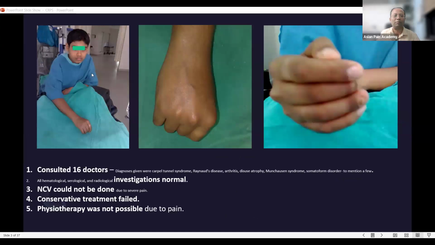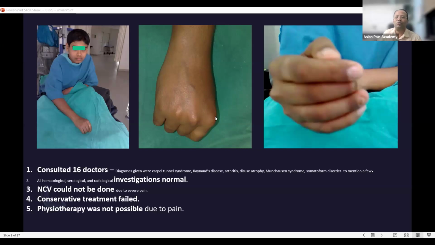One patient of this type came to me long back. He had consulted nearly 16 doctors, and his hand otherwise looked normal. The only thing was it was dirty. He never allowed anyone to touch it. He did not take a bath, or whenever he bathed, he made sure that at least water should not touch his hand.